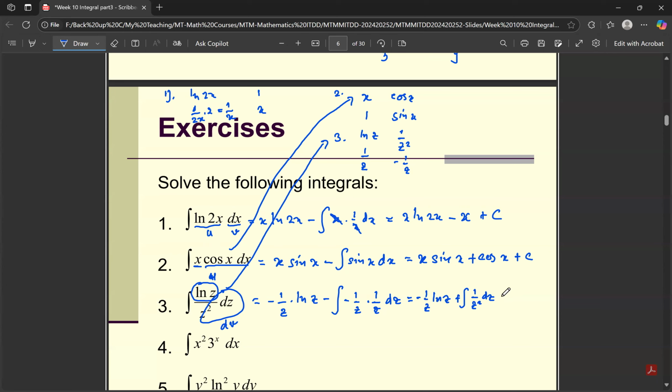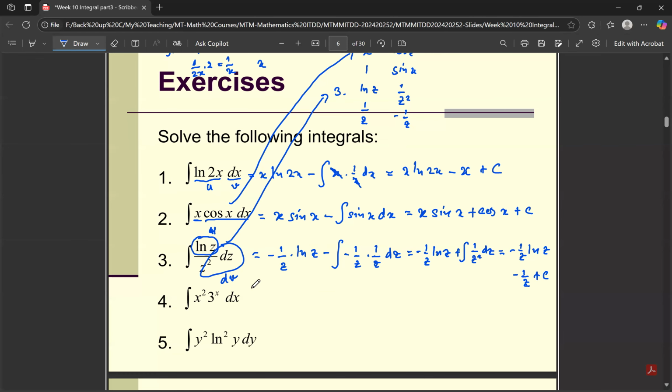After we simplify it, we have minus 1 over Z ln Z minus 1 over Z plus C. This is the integration by parts of number 3.